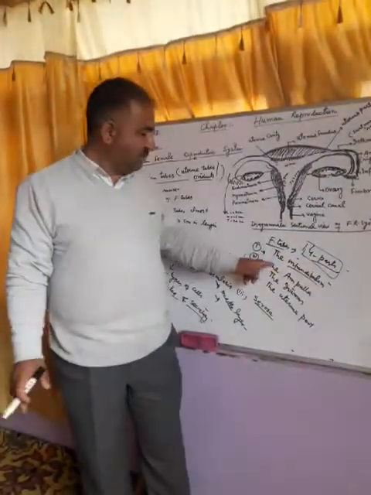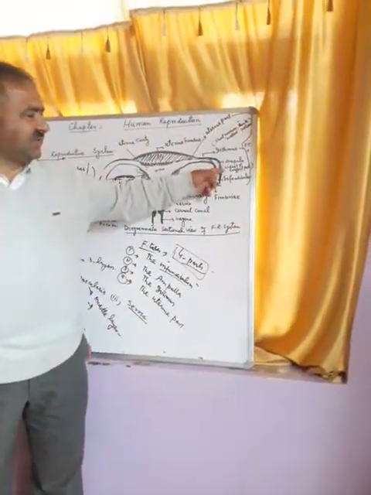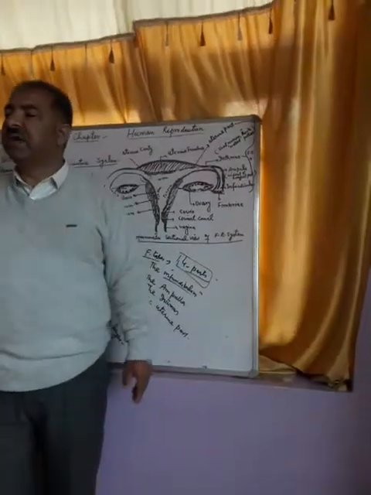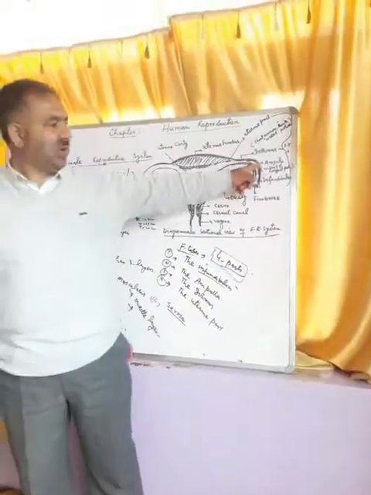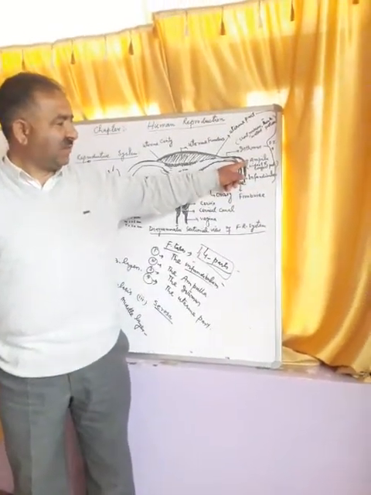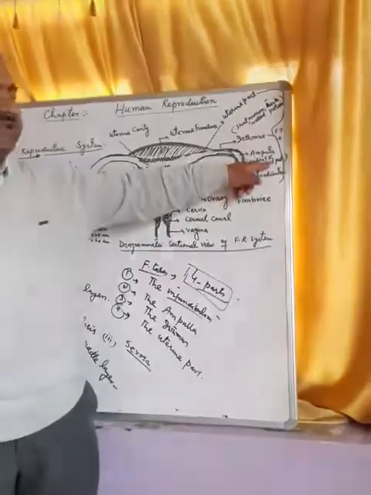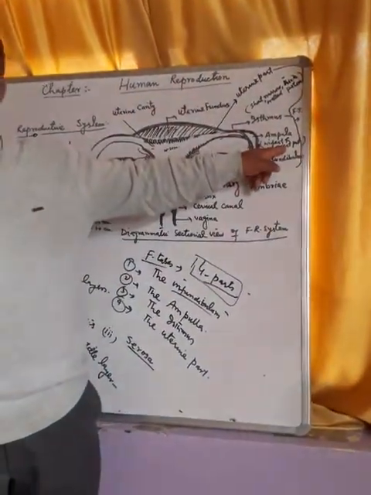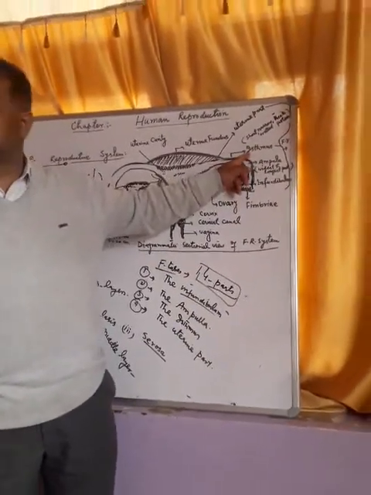Then there is the ampulla, the widest and longest part of the fallopian tube. After the infundibulum comes the ampullary part, which is followed by the isthmus.